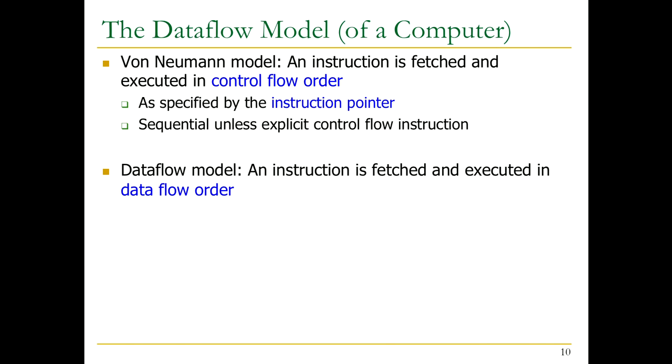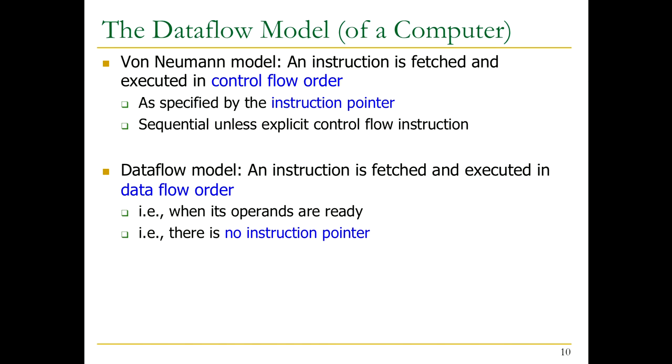It will produce some result. Hopefully, it will make the data for another instruction ready, and that instruction will now execute. There is no order in this, except for the order of the flow of data, right? Whenever data becomes available, the instruction executes. This is called the data flow model. When its operands are ready, an instruction executes.